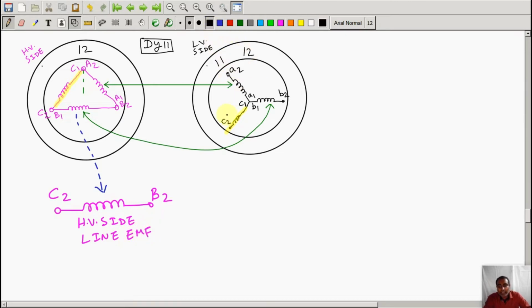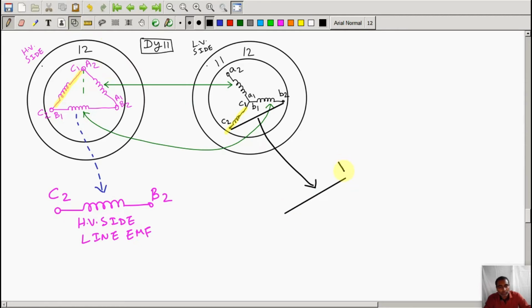Likewise on the LV side also we should select B2C2. So what is your B2C2 phasor? This phasor is your B2C2. So let us draw it like this, parallel to this.